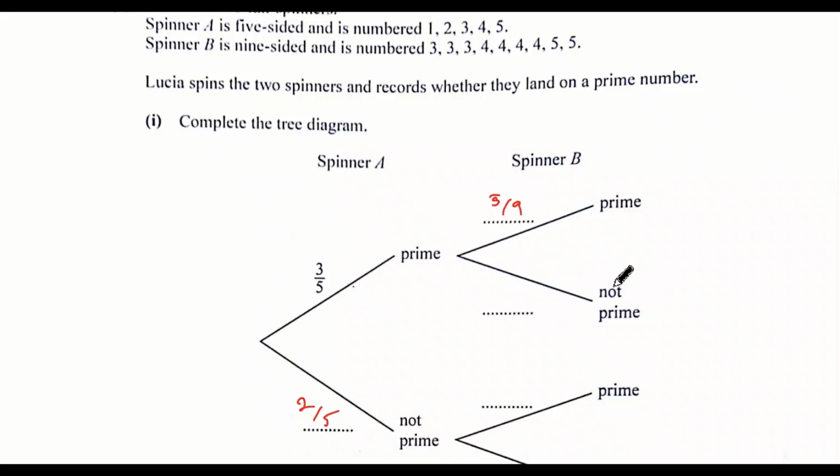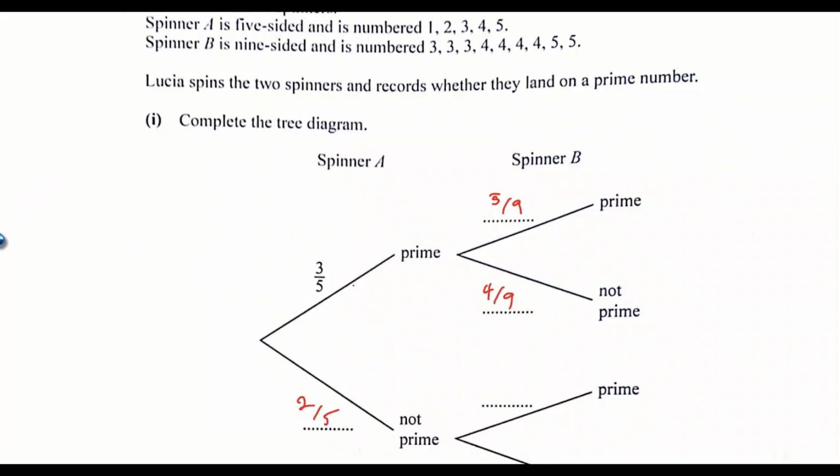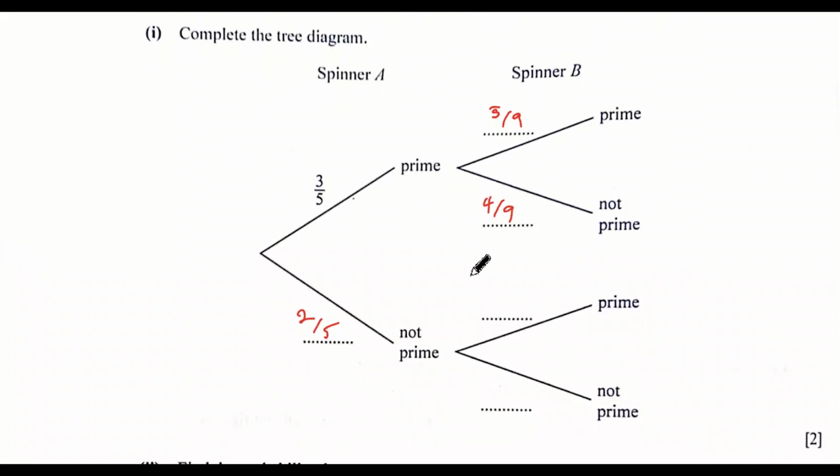And the probability that it is not prime will be 4 out of 9. Of course, this is an independent event, so we still have 5 out of 9 here, and we have 4 out of 9. So that is how to complete this.